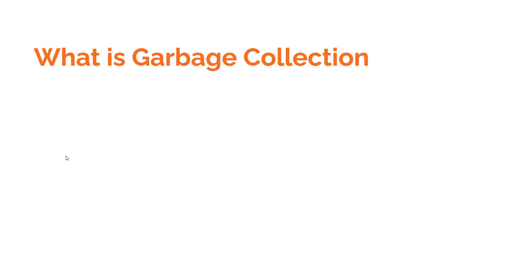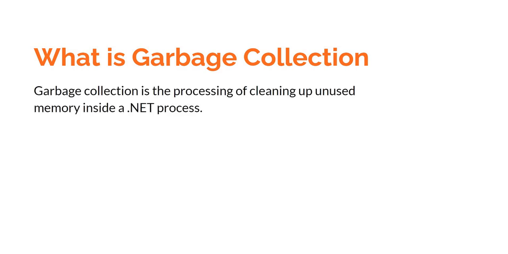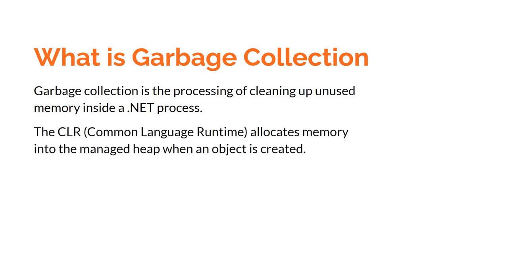Now let's talk about what is garbage collection. Garbage collection is the process of cleaning up unused memory inside of a .NET process or a .NET running application. The CLR, or the Common Language Runtime, allocates memory into the managed heap when an object is created, and when the object is not used anymore, that's when the garbage collector goes and reclaims the memory.